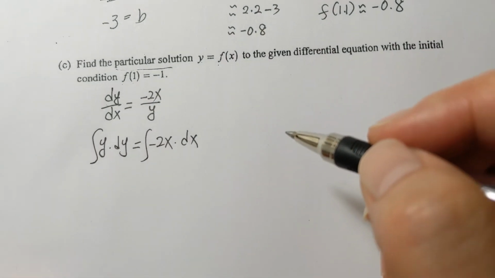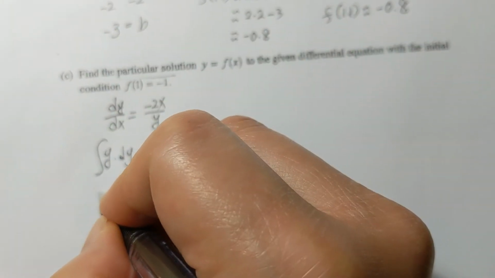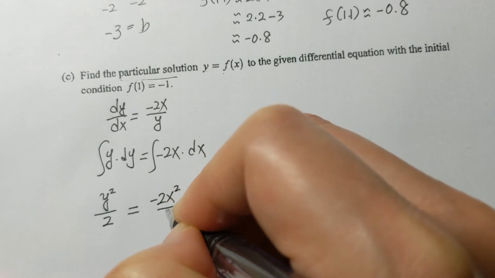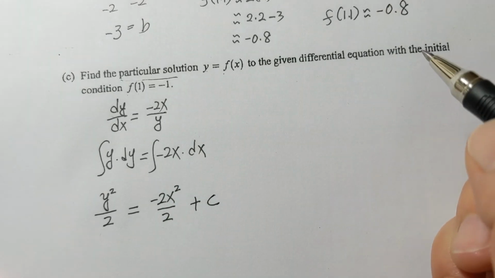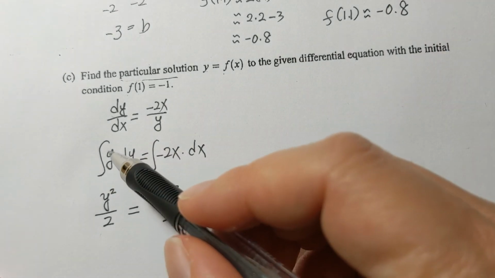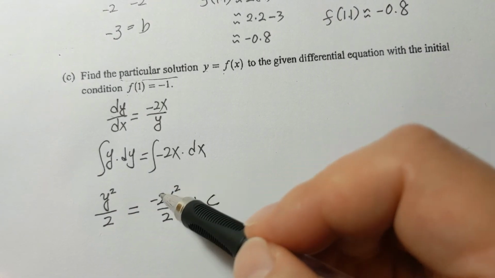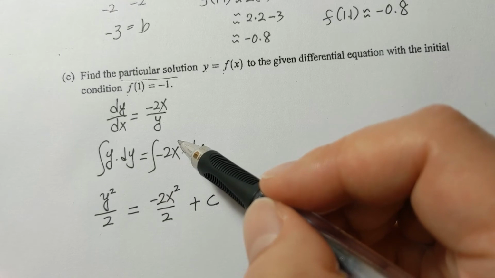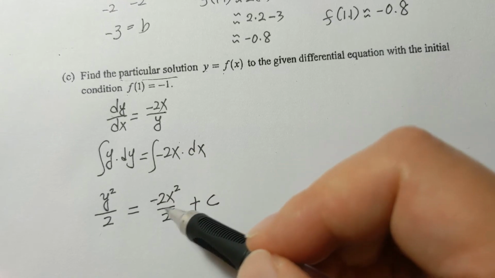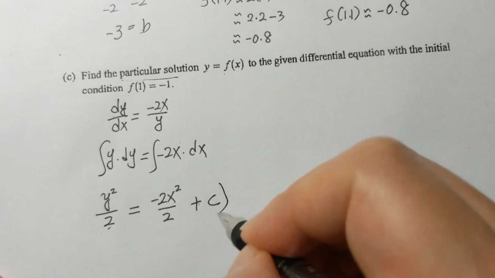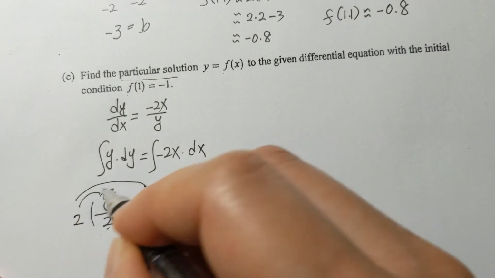And then next we follow our integrating process. The antiderivative of y is y squared over 2, and the antiderivative of negative 2x is negative 2 times x squared over 2, plus c. We want to get rid of the 2, so next is times 2 on both sides.